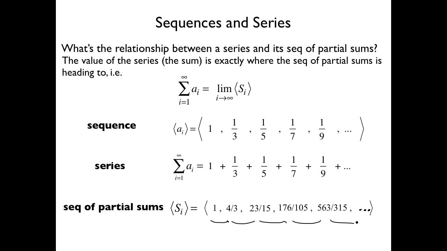Again, if you were to walk out that list of partial sums and keep walking it out forever, you would eventually get to this amount that was the sum of the series. So they're kind of like two different ways of expressing the same thing.